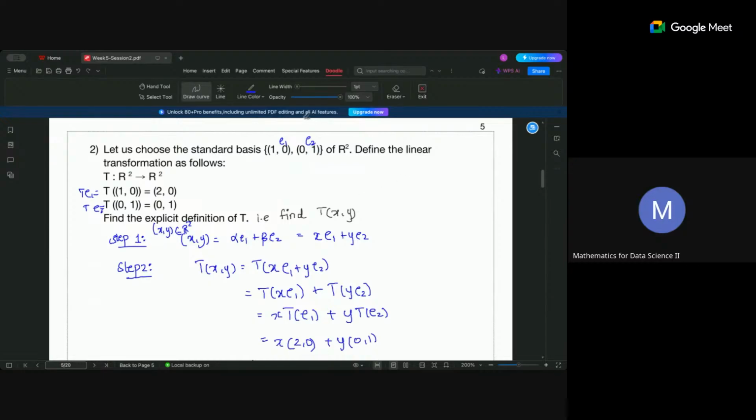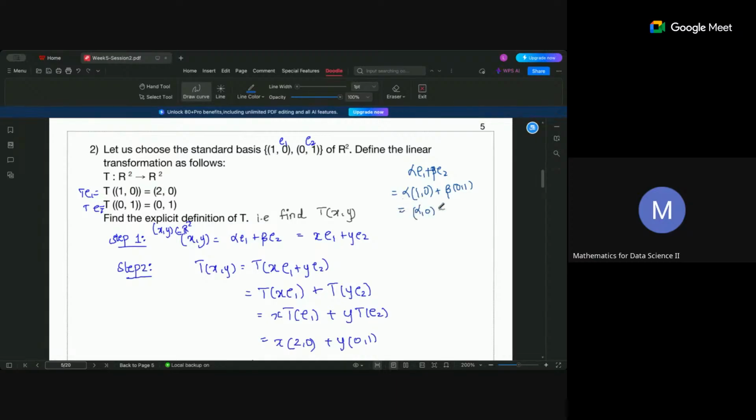Okay, what is alpha e1 plus beta e2? See, in math, whenever you don't understand, you just have to write it out and see. What is e1? You write it down. What is e2? You write it down. What are you getting?